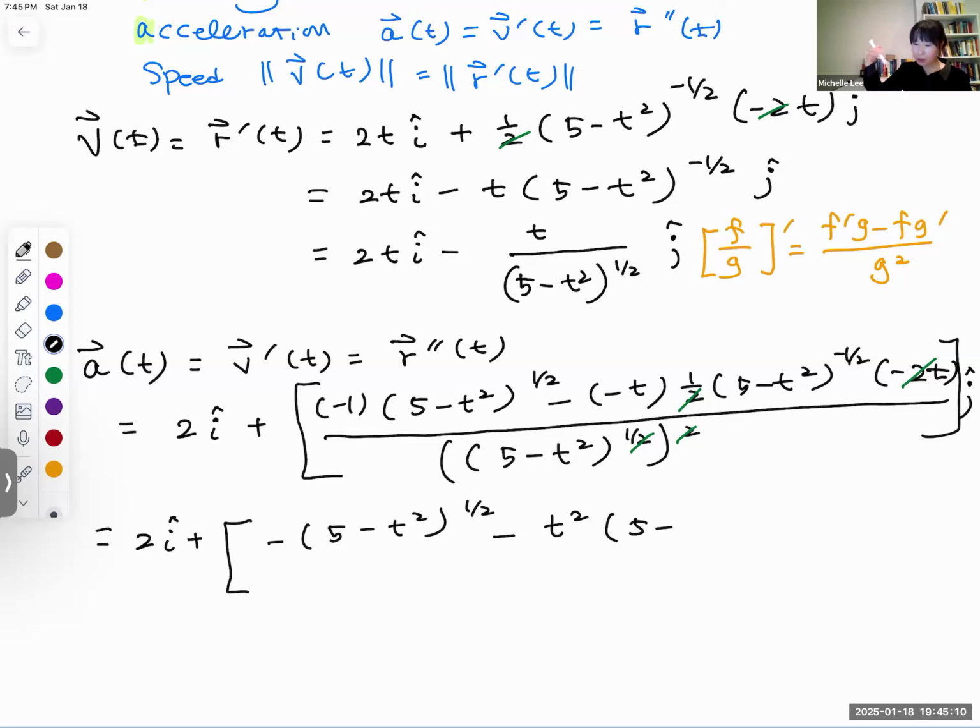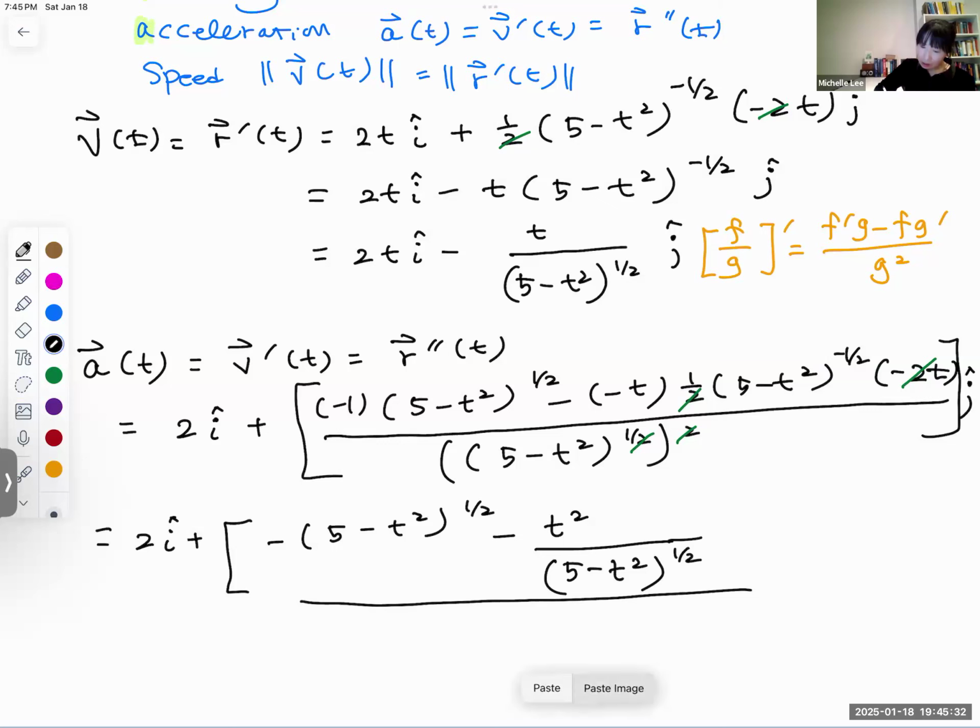How about making a denominator, because of the negative 1/2. So that will be over 5 minus t squared to the 1/2, or over 5 minus t squared.